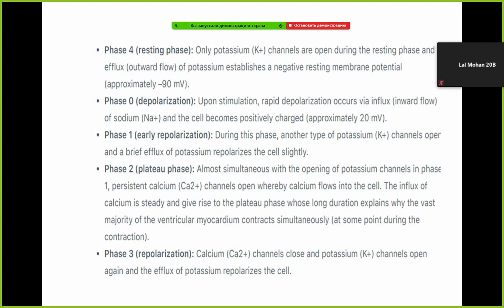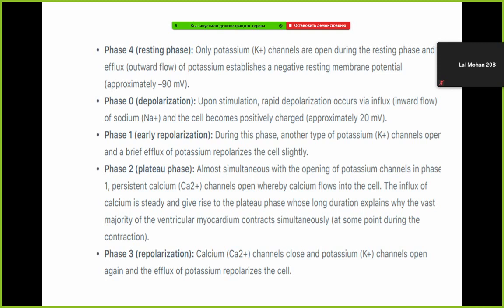Phase 2, almost simultaneously with the opening of potassium channels in phase 1, persistent calcium channels open, whereby calcium flows into the cell. The influx of calcium is steady and gives rise to the plateau phase, whose long duration explains why the vast majority of the ventricular myocardium contracts simultaneously.